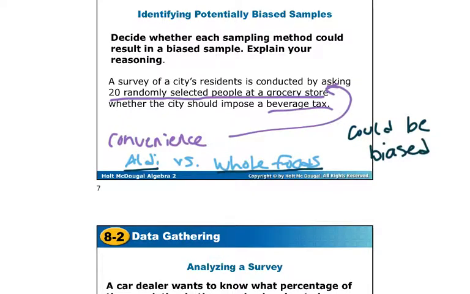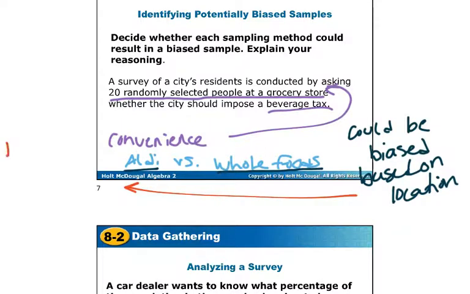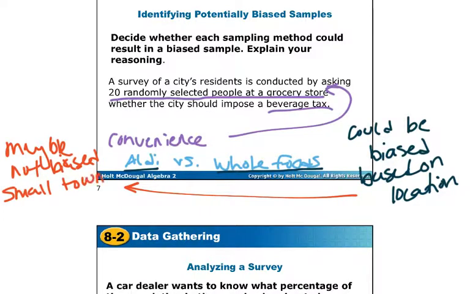It could also be biased based on location. But it could also be not biased. And this is where you get your argument on. Because what if you were in a small town with one grocery store?